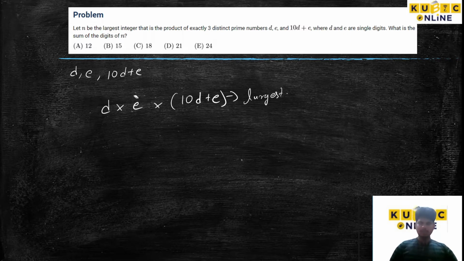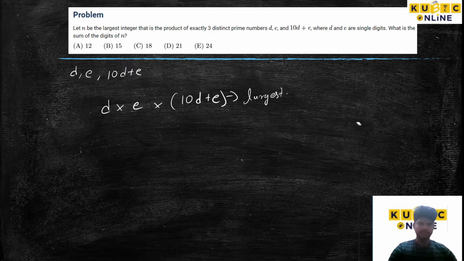Now, what is the largest two-digit prime number? Let's see. We'll start from behind. The largest two-digit prime number is 97, then 83.